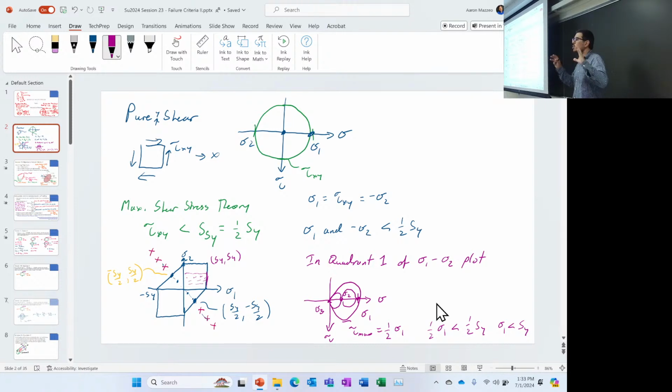Maximum normal stress was nice and easy, in that it just said, find me whatever the maximum normal stress is, that's what I care about. I don't care about any differences. Maximum shear stress cares about the largest span on the sigma axis, if you're doing Mohr circle. And that's going to dictate what the absolute maximum shear stress is.